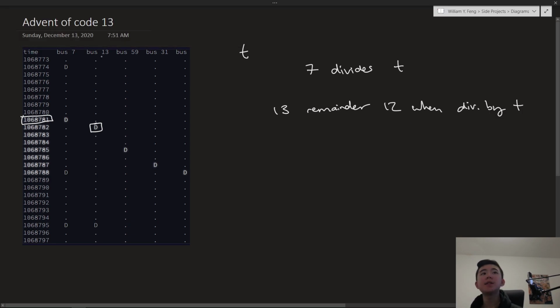And the reason for this is because we can see that there's going to be another timestamp over here, where bus 13 departs. And there's going to be a space of 12 between 13 and our desired timestamp t. So this means that when we divide our timestamp by 13, there's going to be a remainder of 12.